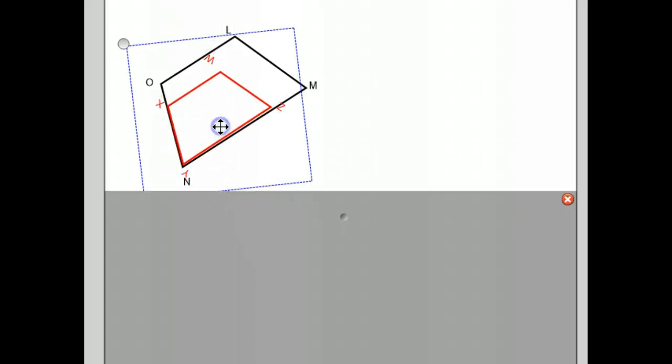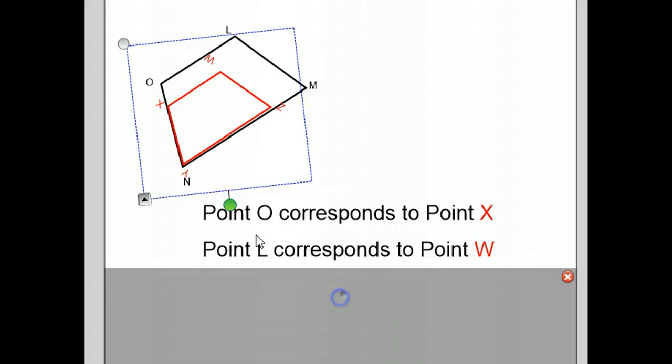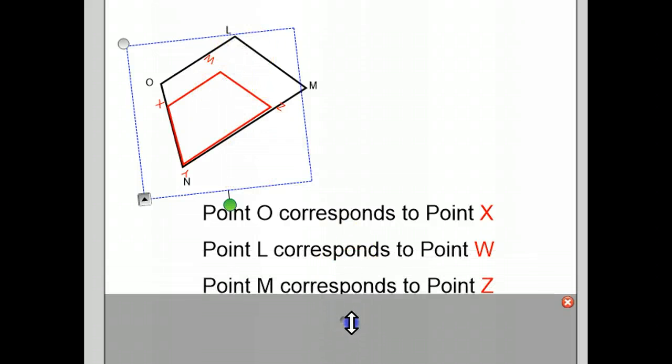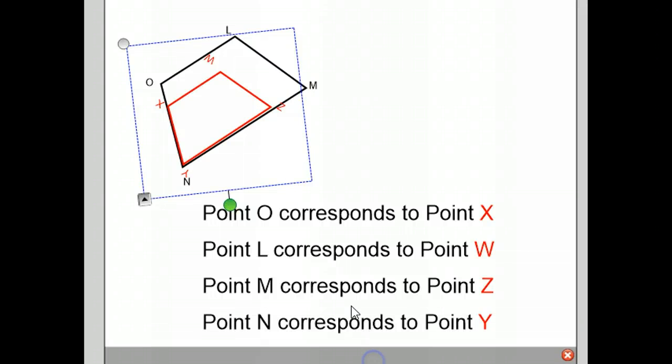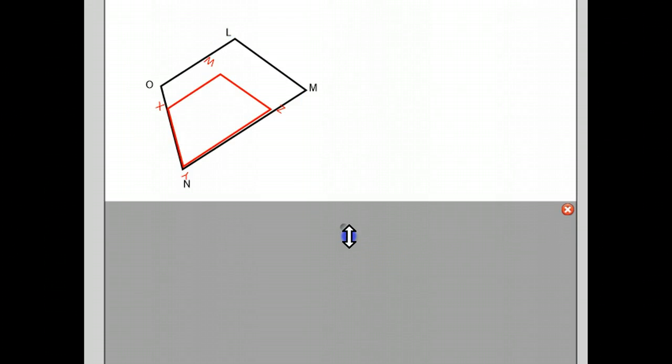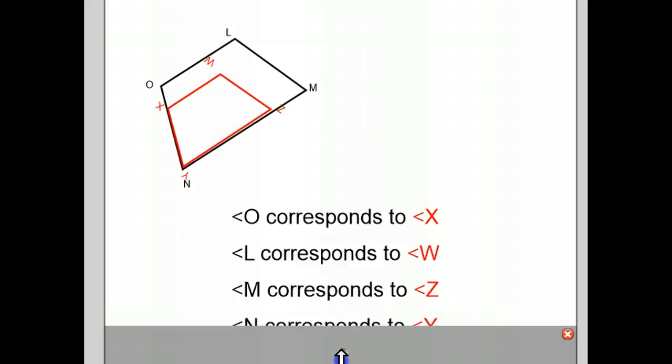So over here I can see that point O corresponds to point X, point L corresponds to point W, point M corresponds to point Z, and point N corresponds to point Y. Since the points correspond, the angles also correspond in that same way.